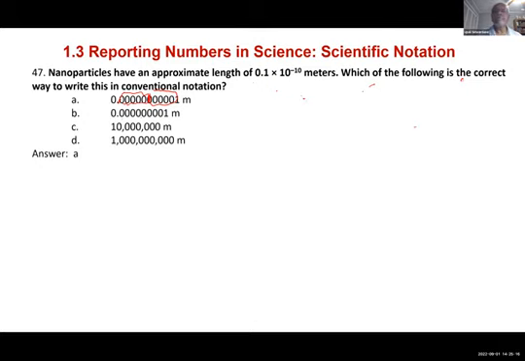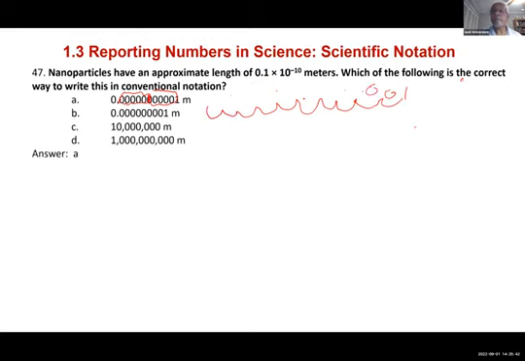When you move the decimal place ten times this way, let me write down here: 1, 2, 3, 4, 5, 6, 7, 8, 9, 10.